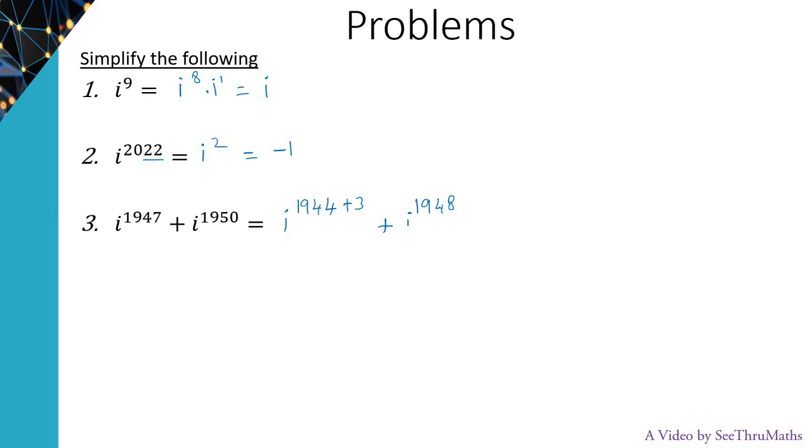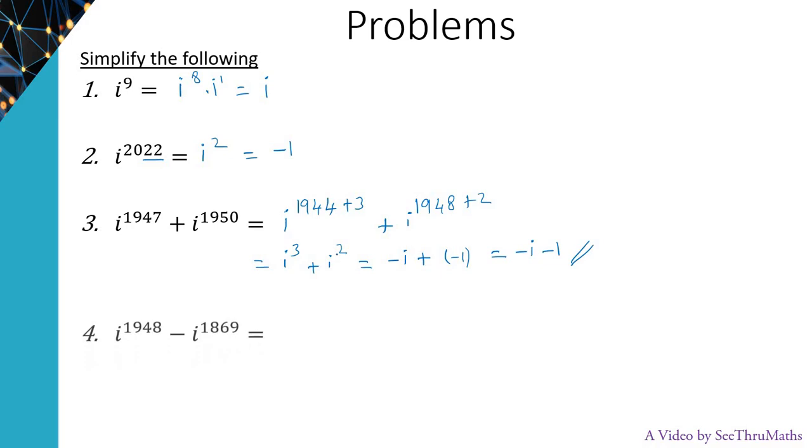See, after 44, 48 is divisible by 4, so plus 2. This can be written as i^1944, this value you can completely ignore. That means i^3 plus i^2. i^3 value is -i, and i^2 is -1. This is equal to -i - 1.